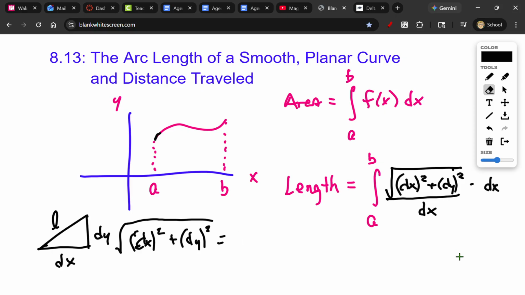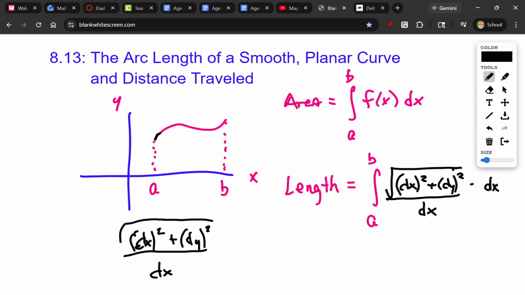So how do I do that over here? If I divide all this by dx, well, I can put it under the square root by extending the square root down and squaring the dx. The square root of dx squared is just dx, right?